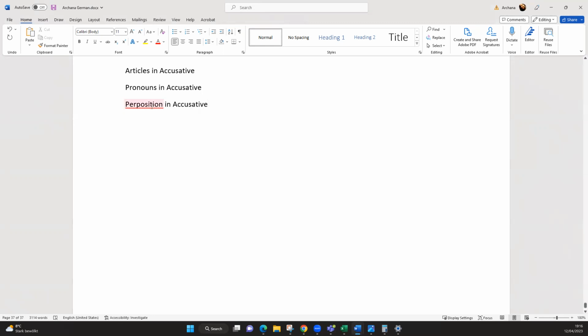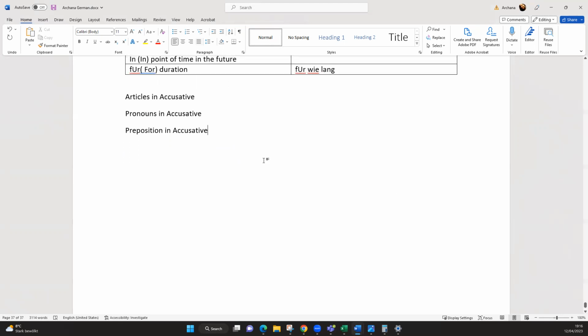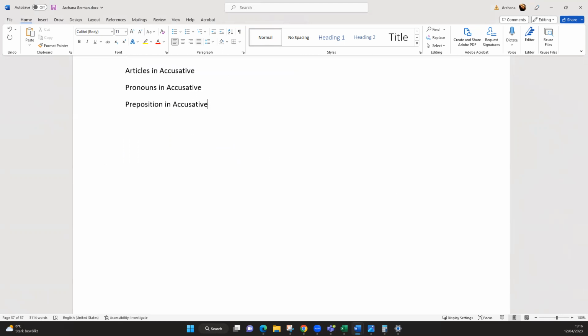So this will help us segregate and first understand the articles, the pronouns, and the prepositions in the accusative case. So I will now go ahead and we will discuss more about the accusative.